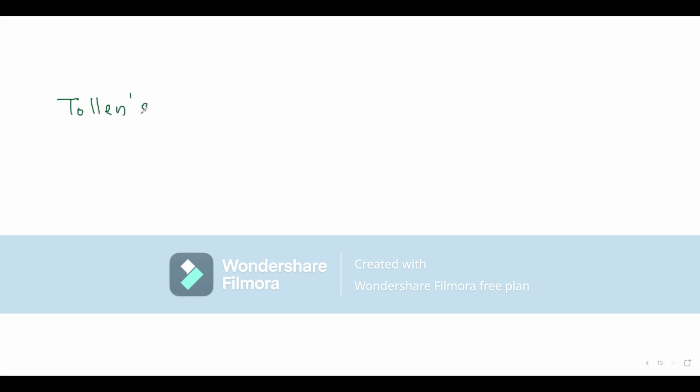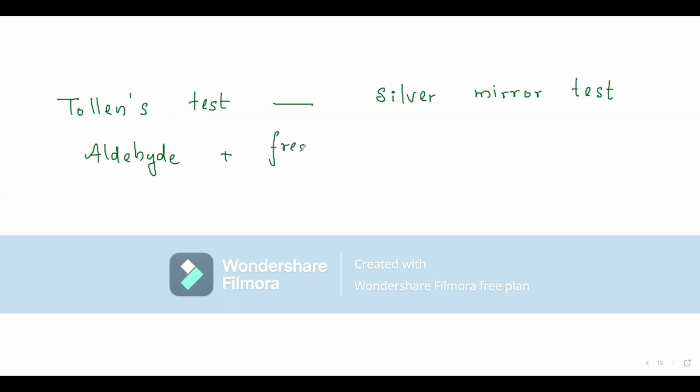Okay, now moving on, the next oxidation that we need to study is called the Tollens test. This is a test for aldehyde, or in general terms, this is called the silver mirror test. Tollens test or silver mirror test. Under this, the first step is the aldehyde needs to be heated with freshly prepared Tollens reagent.